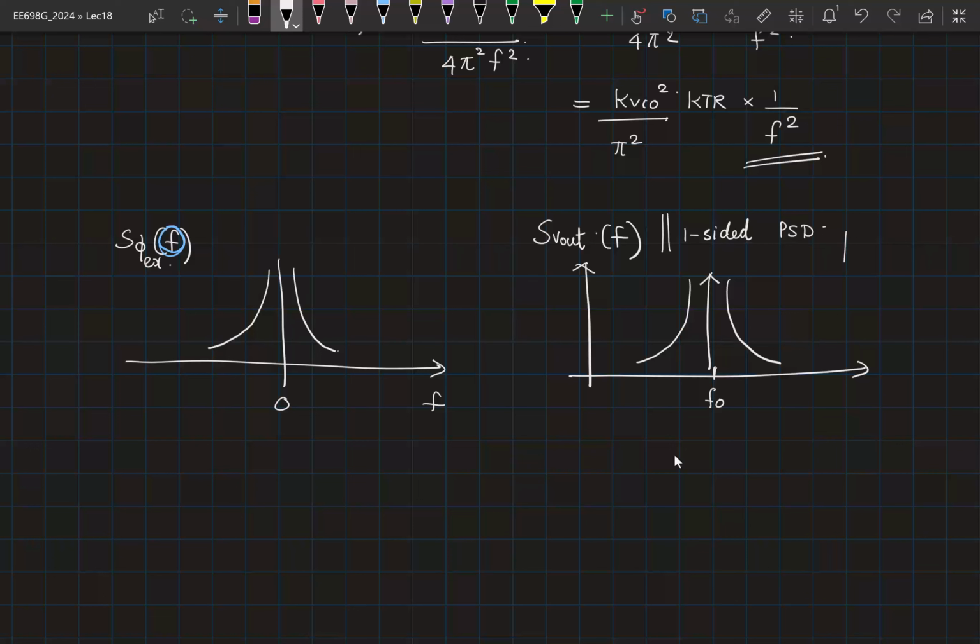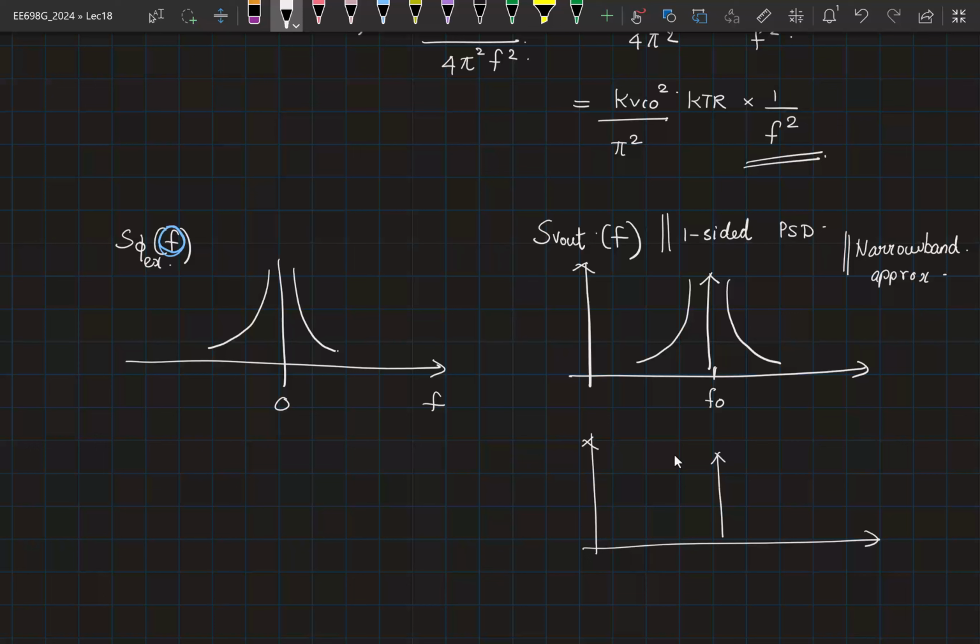The noise goes to infinity. It is infinite power. What else? We have derived this result based on the narrowband approximation. Originally we said that if I take an ideal clock, we would have expected to see an impulse at f0.